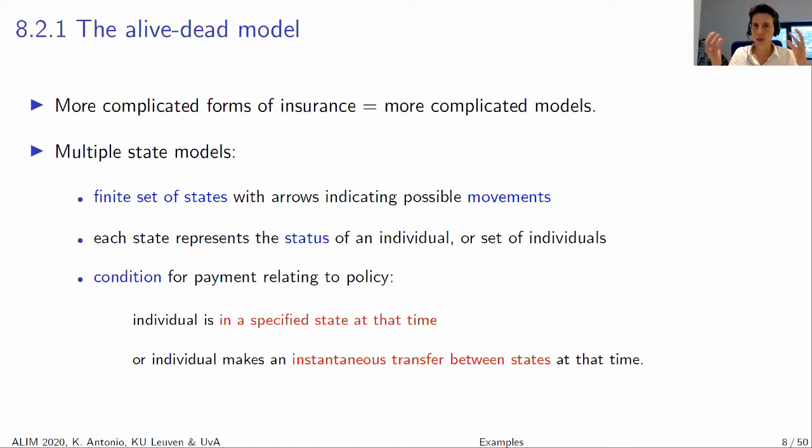So if we think again about these life insurance products that you've been studying so far, a life annuity is a product that will pay you a certain income as long as you occupy a certain state, in this case, the alive state.